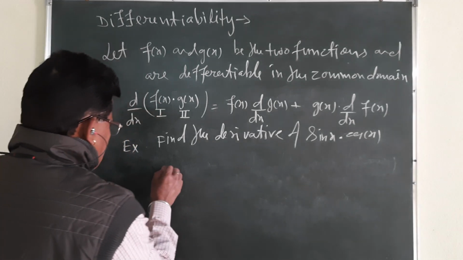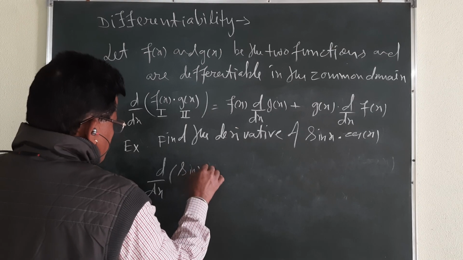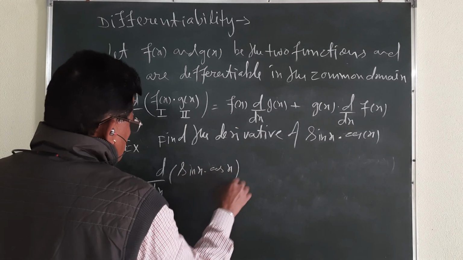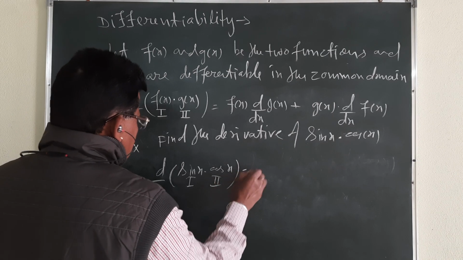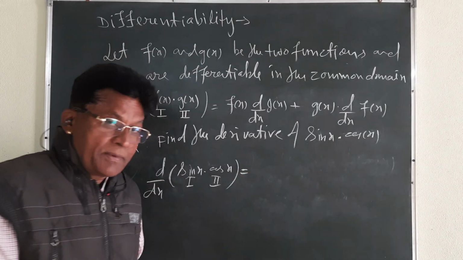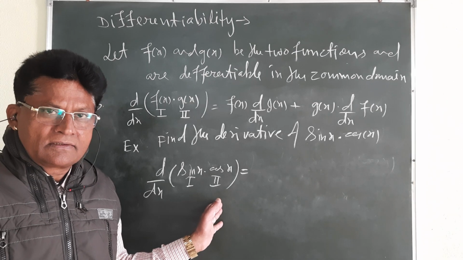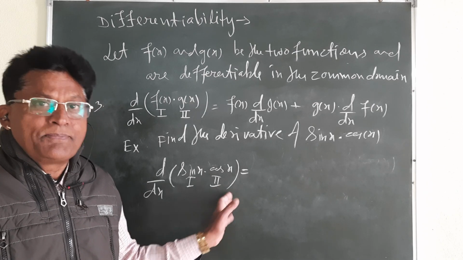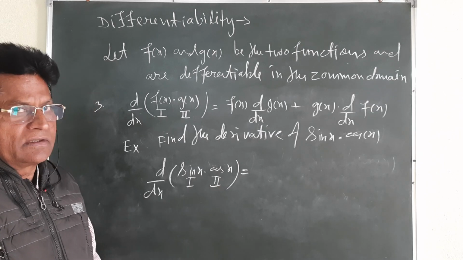Now here, the derivative of both functions. Dear student, as I told you, this is the first function and this is the second function. Just to remember, and to make the practice, to keep in mind, I have mentioned here first function, second function.